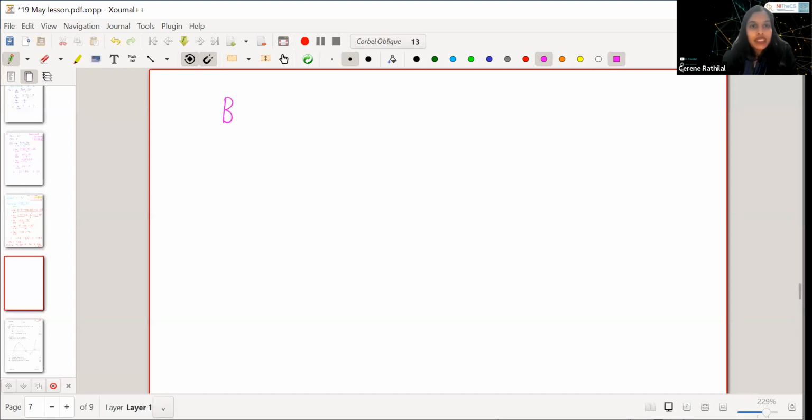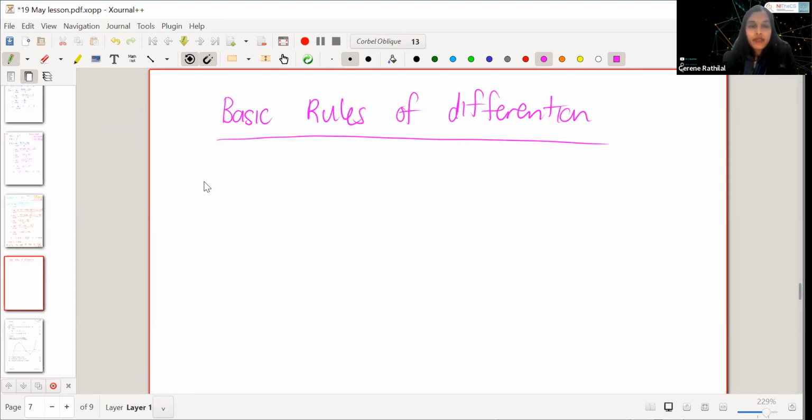So basic rules of differentiation. So the first rule is the derivative of a constant.